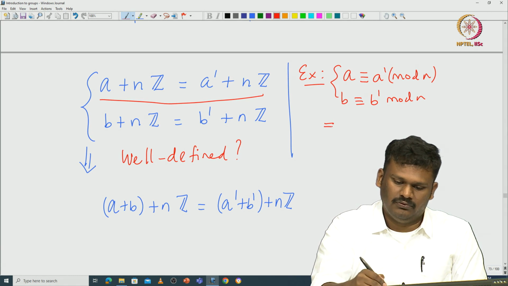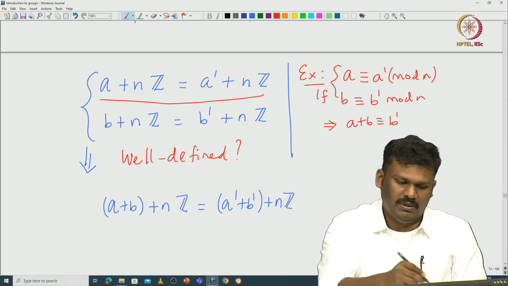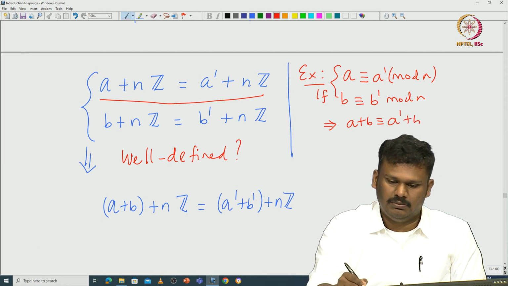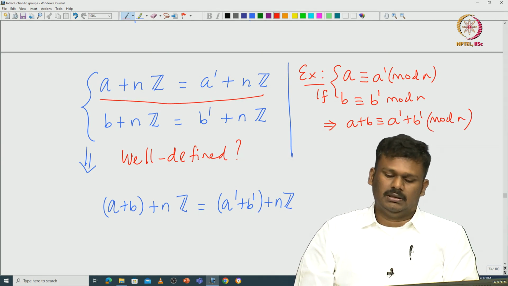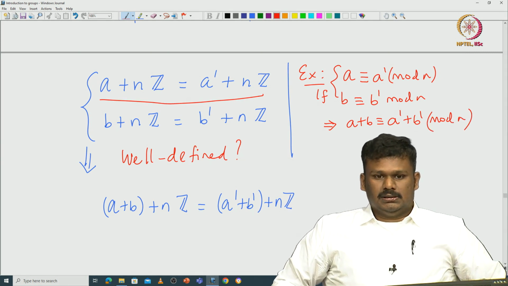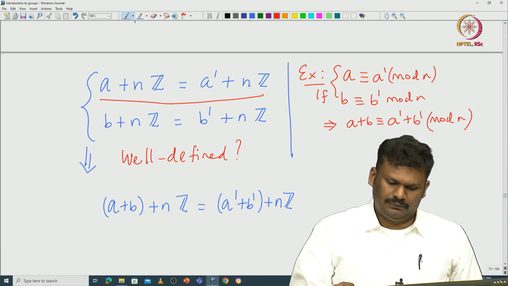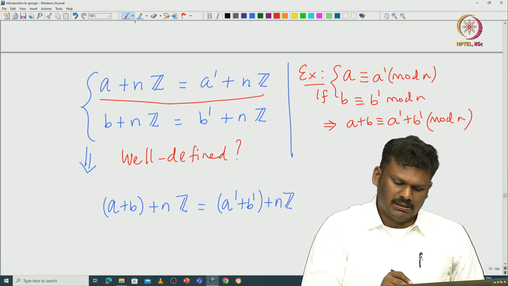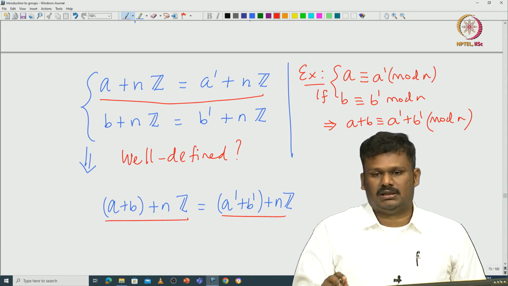From this we get a + b is congruent to a' + b' modulo n. So, that makes this addition well defined. Because as a set you do not get anything new, you have to get the same set.